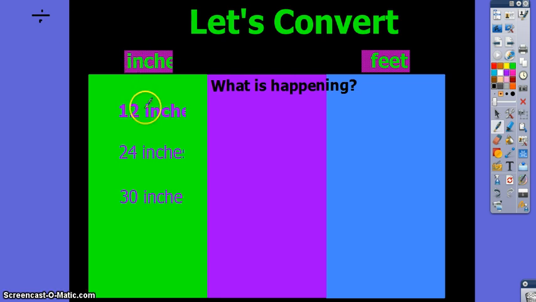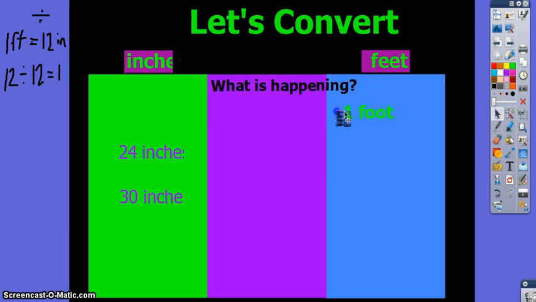Okay, so if we look at our star chart again, we know that 1 foot equals 12 inches, correct? I think that will help me solve this problem right here. So if I have 12 inches, and I want to know how many feet that would equal, I'm going to divide 12 by 12, and that equals 1.